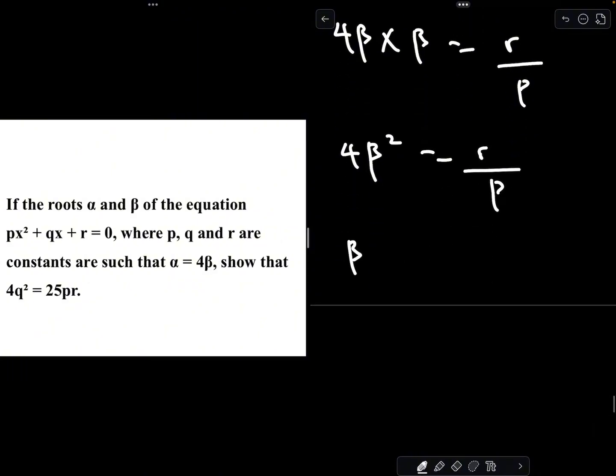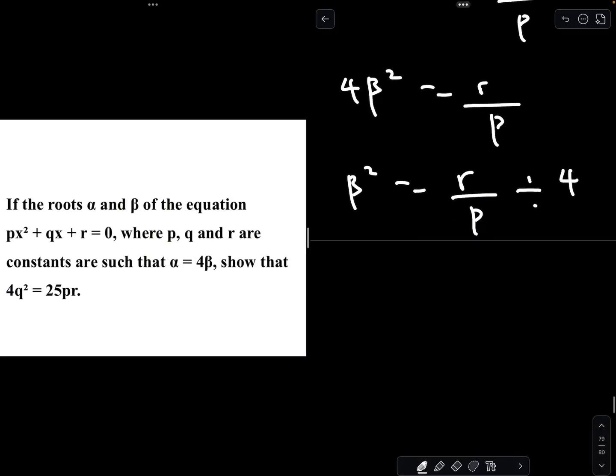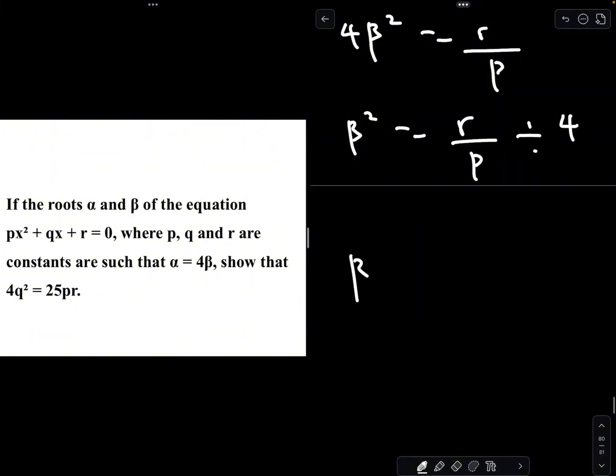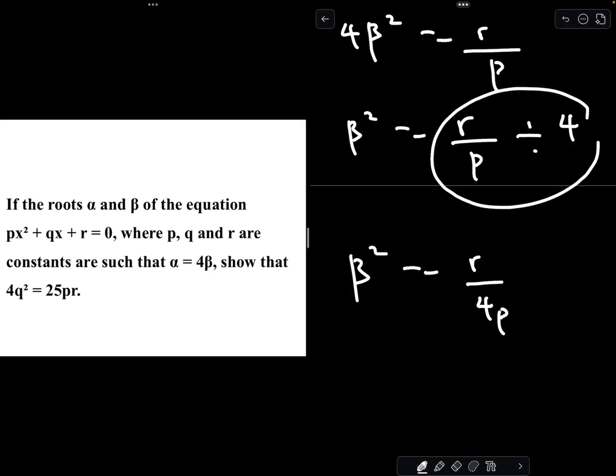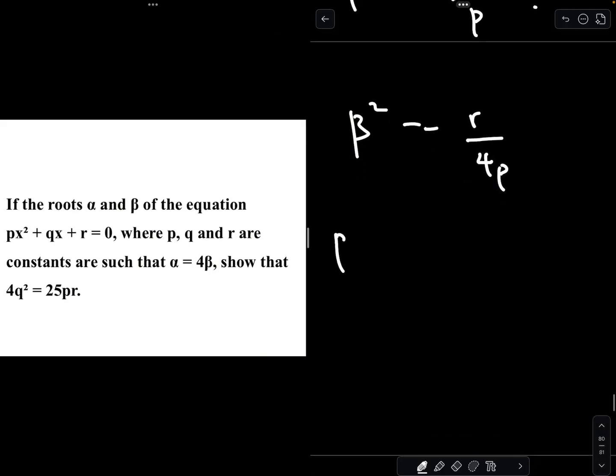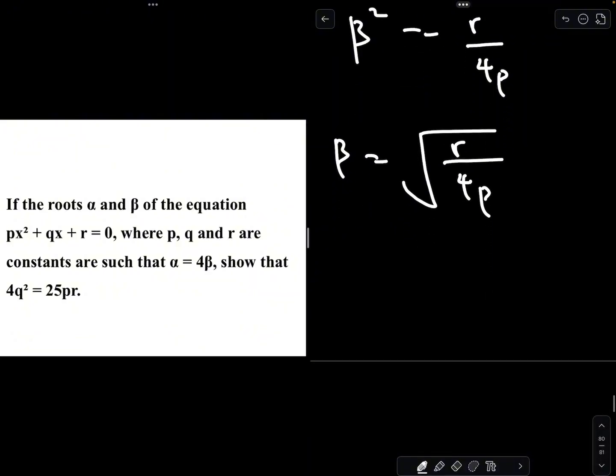And that simply means beta square is equal to r over p divided by 4, which means beta square equals r over 4p. Of course, this means r over p times 1 over 4. So that therefore means beta itself will be the square root of r over 4p.